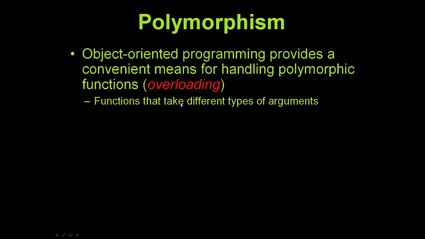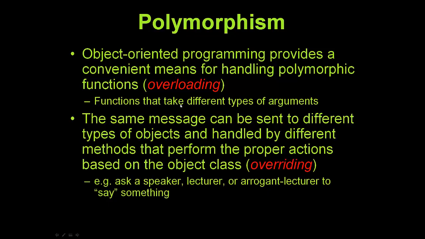So OOP gives us a very convenient means of handling what you call polymorphic functions, which means that you can have functions that take in different types of arguments and different numbers of arguments. On the other hand, you also have this thing called overriding, which is that you have the same method in both the subclass as well as the superclass with the same name and also the same arguments.